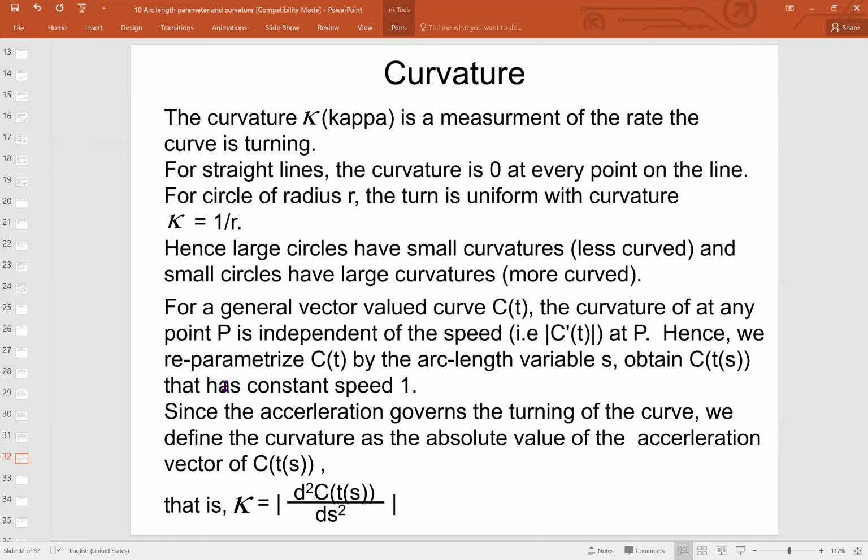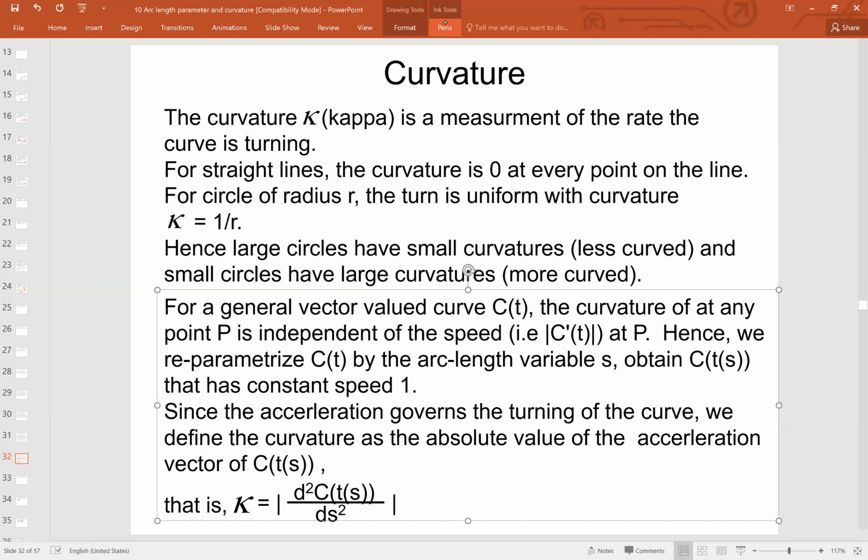In other words, it's the second derivative, the acceleration of this curve, which is parameterized by the arc length. Conceptually, this is the geometry. But remember, this part was impossible to calculate. I couldn't find t in terms of s to plug it back in, in general. This is a very theoretical result.